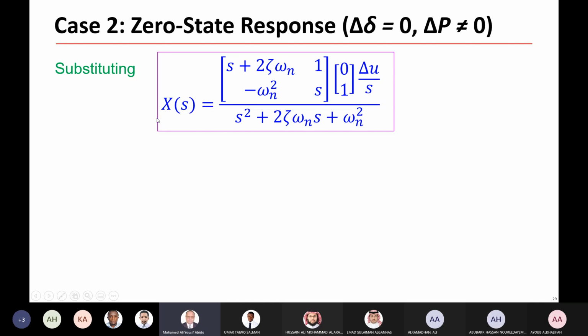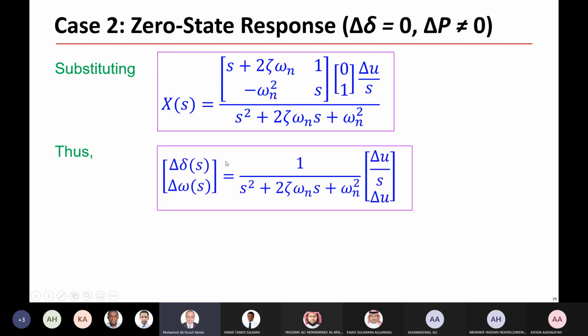And x2 of s, which is delta omega, equal to minus omega squared times 0, so it will go, and we have s times 1 times this, so this s will go with this s. So you have only delta u over this. So what you have here, delta delta and delta omega, is delta u over s, and the delta u only.